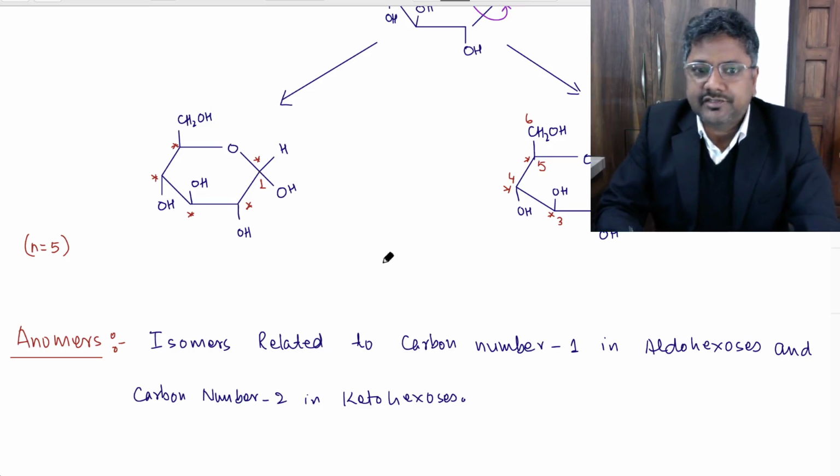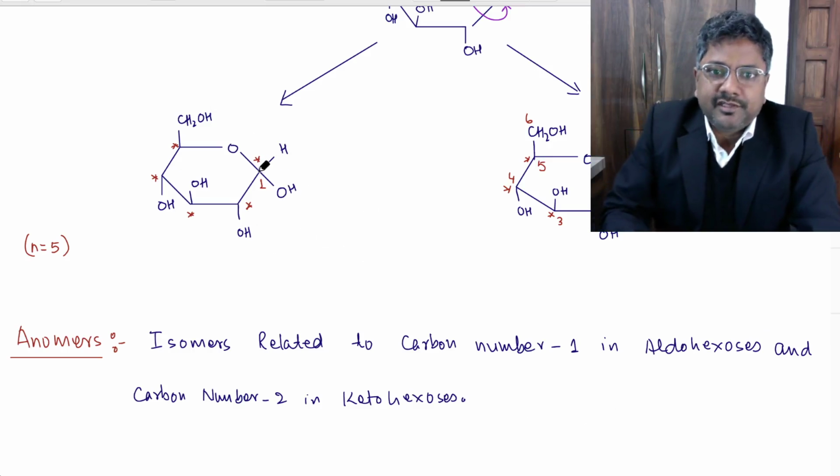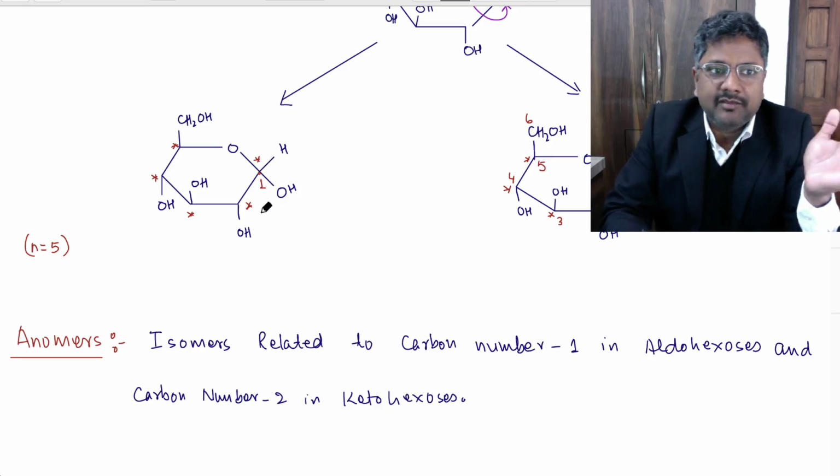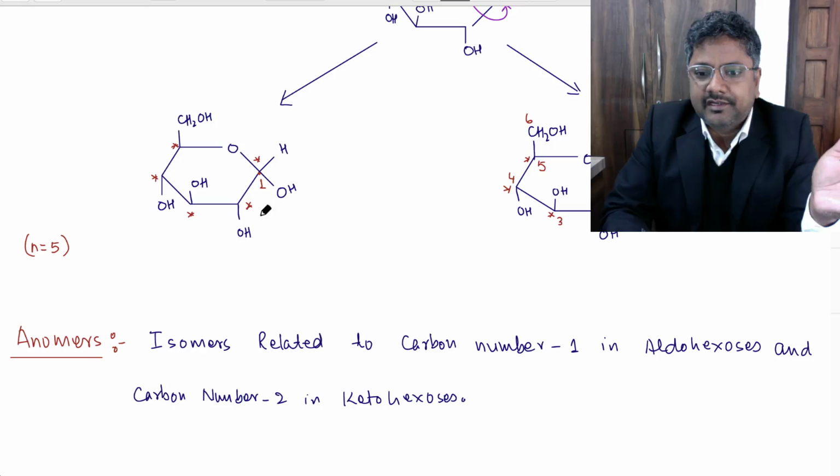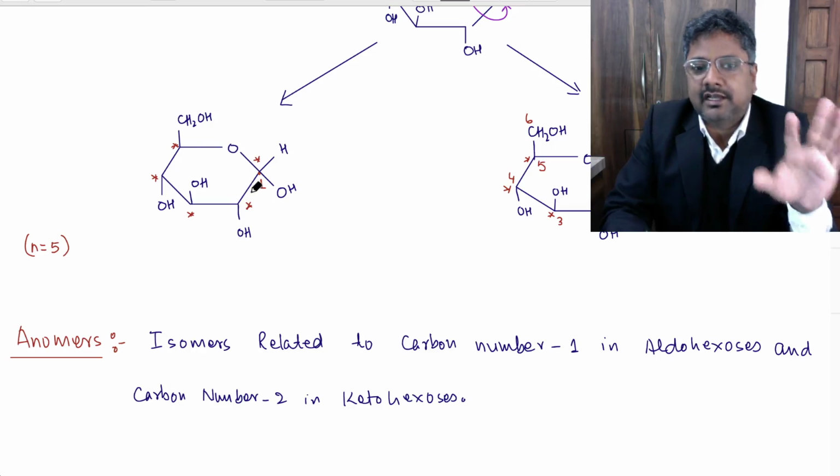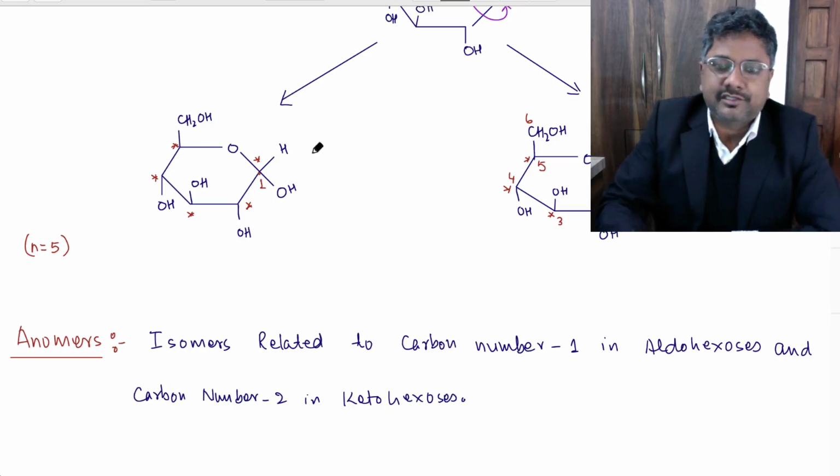So please listen carefully. See this carbon number 1, how to name this isomer. There is a rule, and at many places you will find different explanations, but what I am explaining here is the perfect one, as per the IUPAC system.